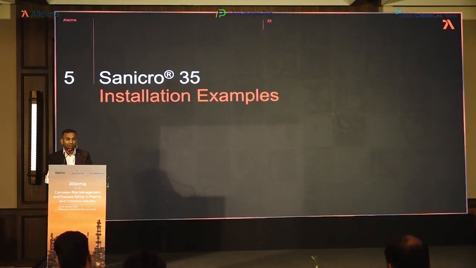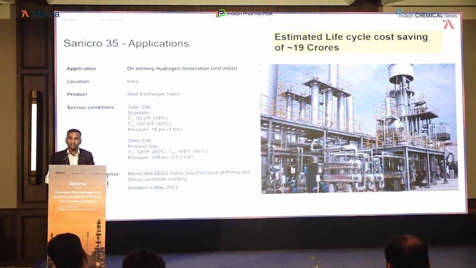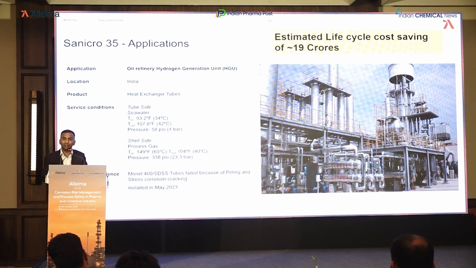So I'll just quickly touch upon the installation examples. This was one installation in an Indian refinery. It was a very critical application. There was an instance of 16 leakages in a period of two years. Every time they used to open the exchanger, plug the tubes, and run the plant. It was in a hydrogen generation unit, which is very critical for a refinery.